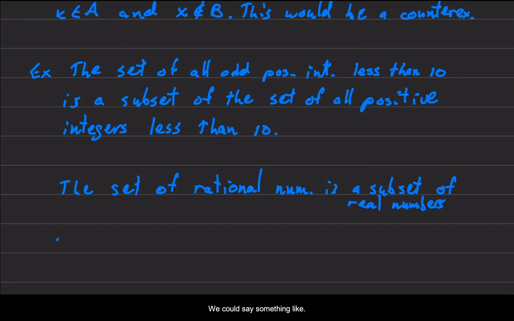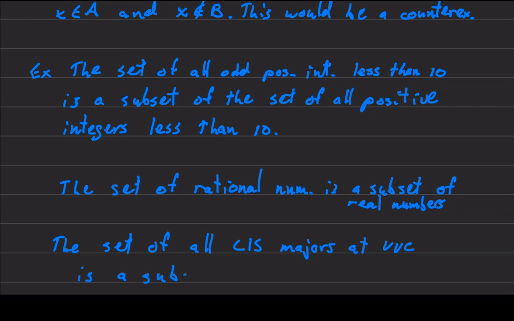We could say something like the set of all CIS majors at VVC is a subset of all students at VVC.